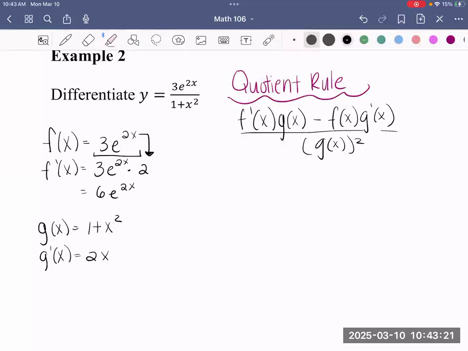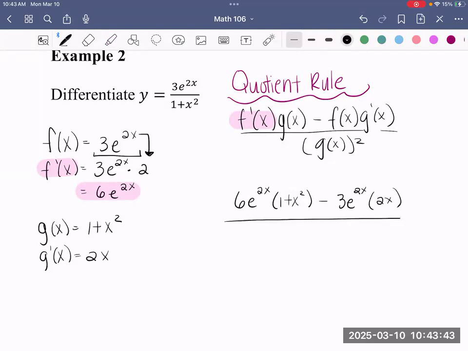So the derivative of f of x, that would be this one, is 6e to the 2x times g of x, that is 1 plus x squared, minus f of x, we have 3e to the 2x times the derivative of g of x, all over 1 plus x squared, all squared.